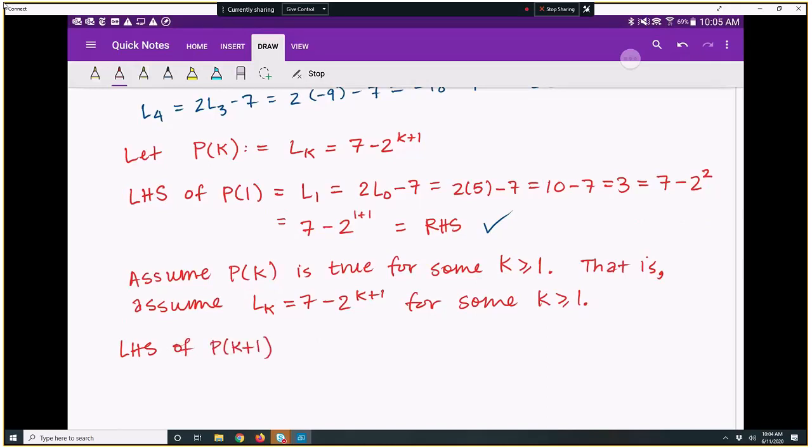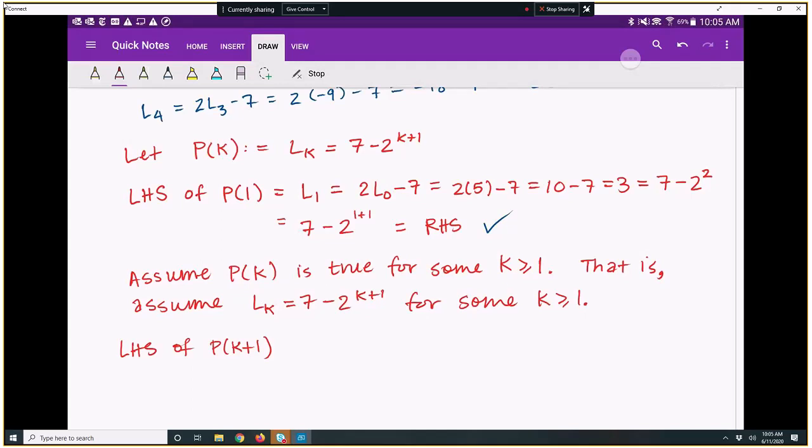I want to show that if it's true for any k greater than or equal to 1, then it's true for the subsequent k. And so if it's true for each natural number after a natural number, then we can just assume that it's true for all natural numbers.